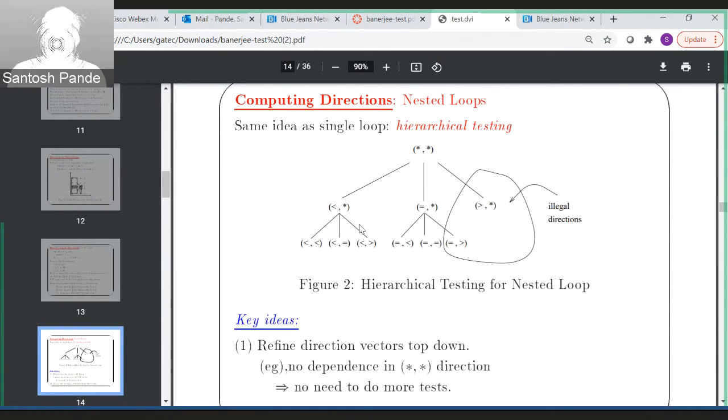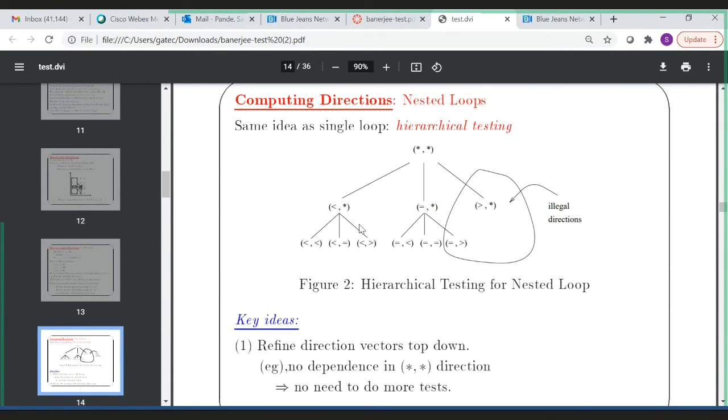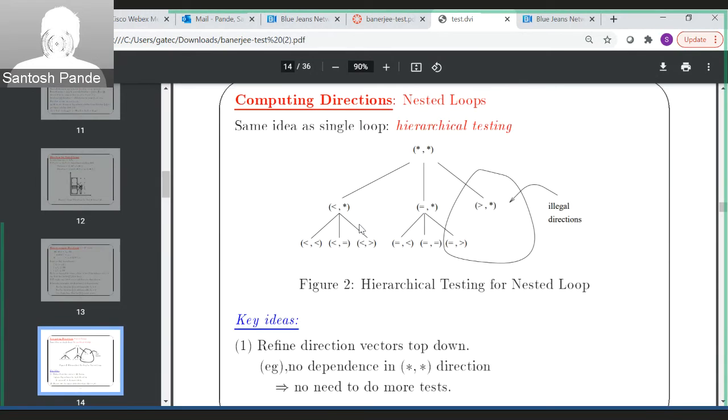Then we'll go for the two which are equal to, less than, and equal to. And then we'll rule out the impossible directions, especially for the normalized increasing bounds, which is equal to greater than and greater than star. Both are illegal, so we will not test for those. So that's how we'll carry out systematically this testing for direction vectors, which will give us some additional information.